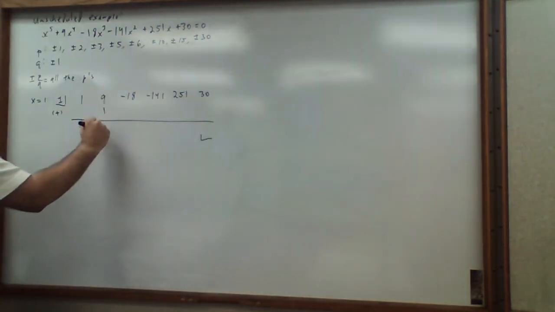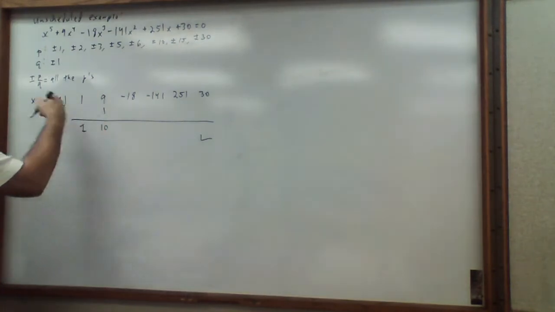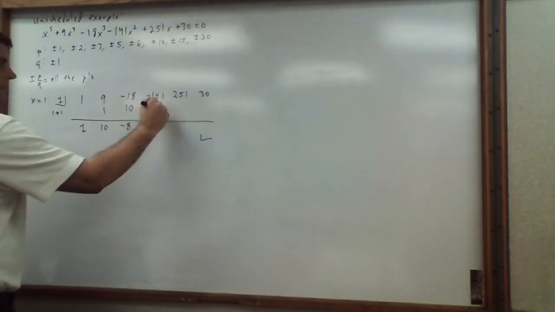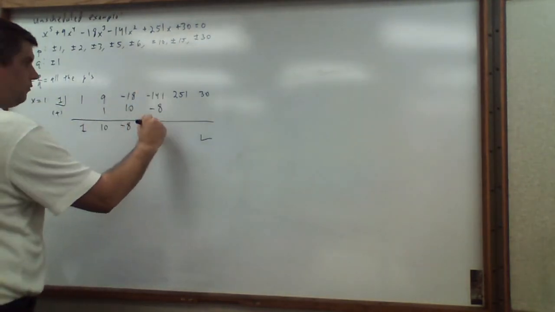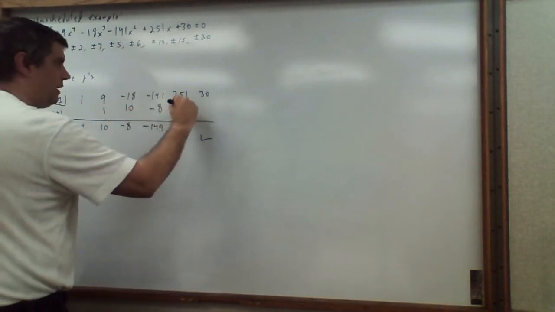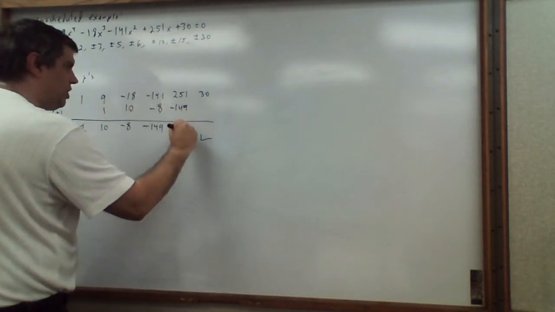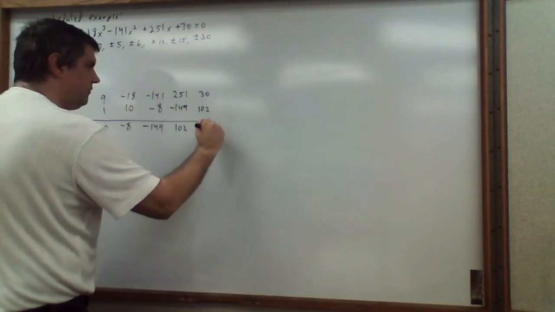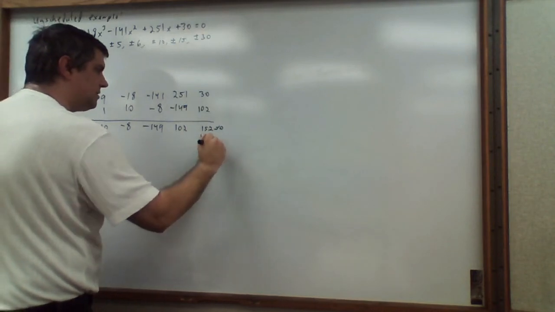That's 10. 1 times 10 is 10. That's negative 8. 1 times negative 8 is negative 8. That's going to be negative 149. 1 times negative 149 is negative 149. That's 102. 1 times 102 is 102. So that's 152, which is not 0. x does not equal 1.